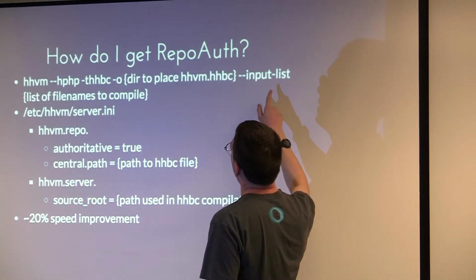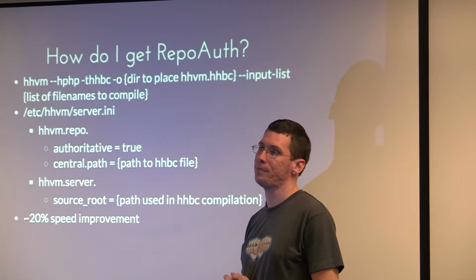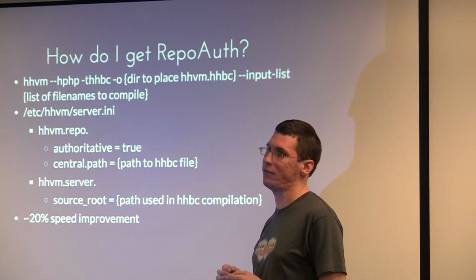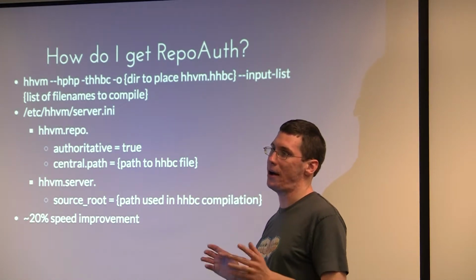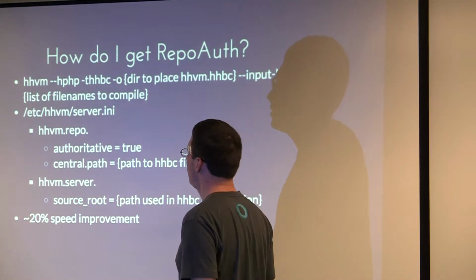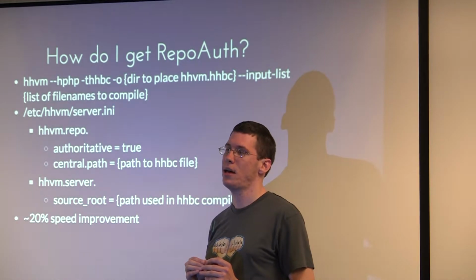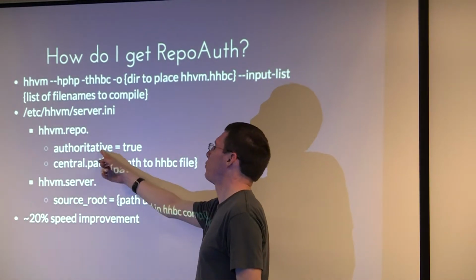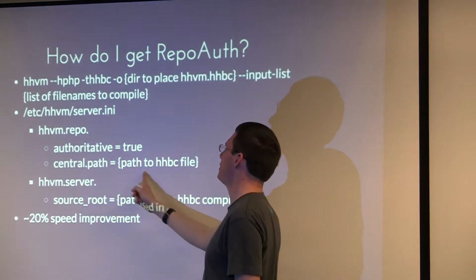And then the way they recommend that you work with this is you give it a list of input files, and then it'll iterate through those, analyze, and then do the compilation step. There are a few settings that you'll need to change to turn on the rocket fuel mode. Repo authoritative true, and then you'll want to point the path to this.